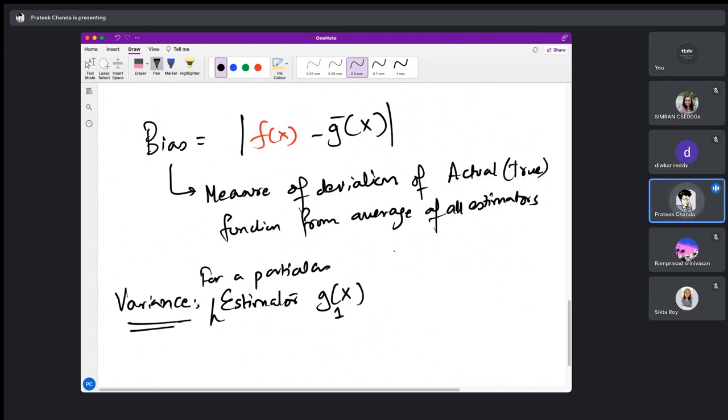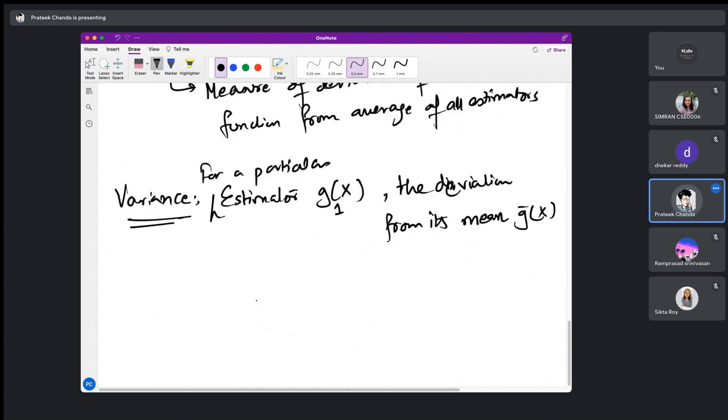Let's say I pick up g1(x). How much for a particular estimate g1 is the deviation from its mean? The mean is actually g bar(x). So I would say something like g(x) minus g bar(x), whole squared, and I take an expectation out of it.